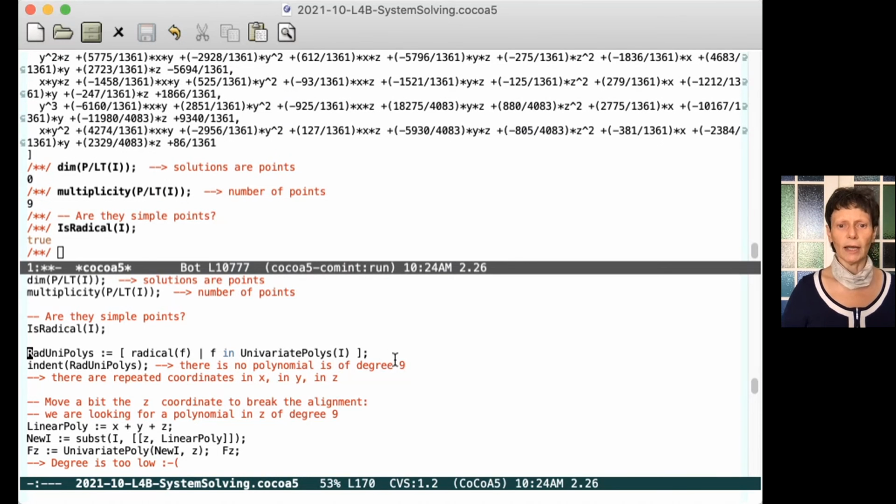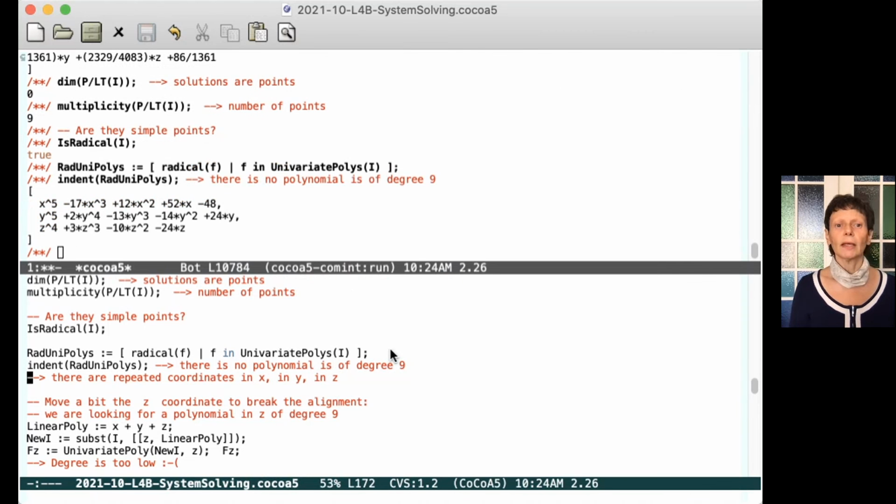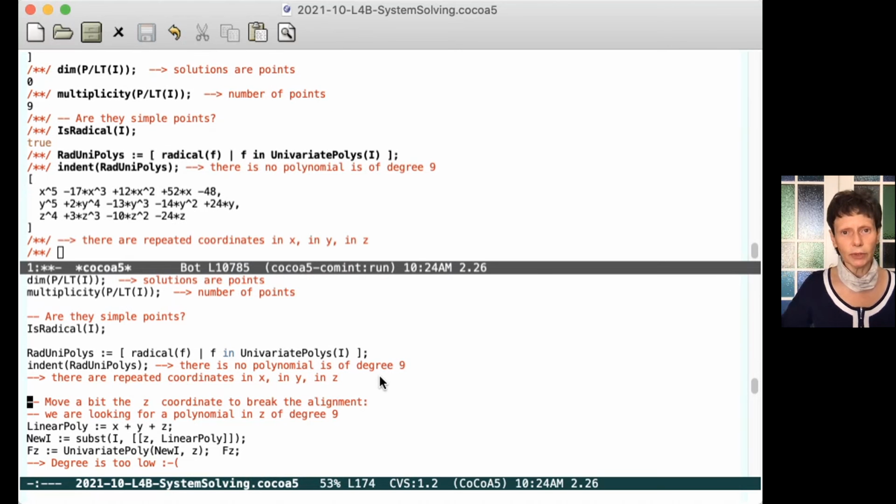Very good. Okay, now we compute the univariate polynomials. We look at them. When we look at them, we see that there is no polynomial of degree 9, which means that I don't have any polynomials which give me the 9 coordinates for the 9 points. So it means that there are repeated coordinates in these points.